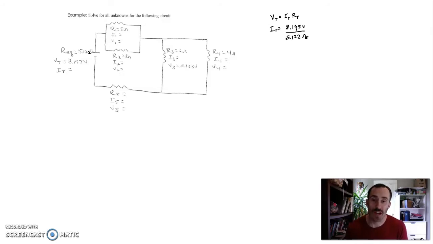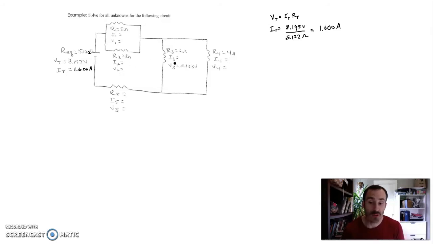Now I'm going to work everything to 3 decimal places. So when we do that, we get 1.600 amps. That's our total current. Okay, so we have that current.